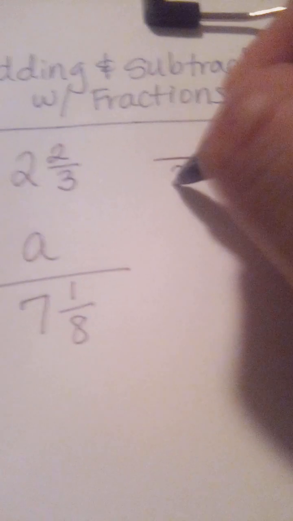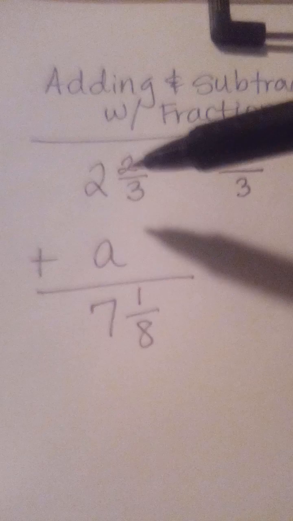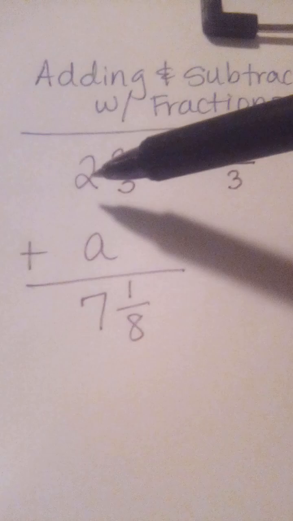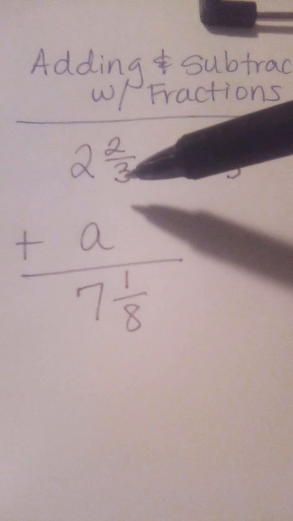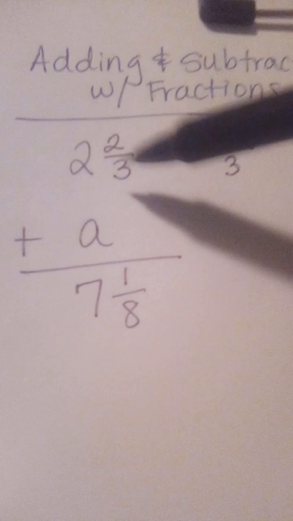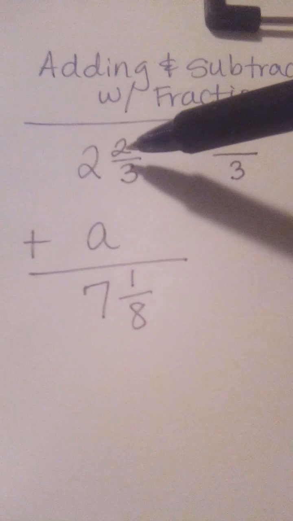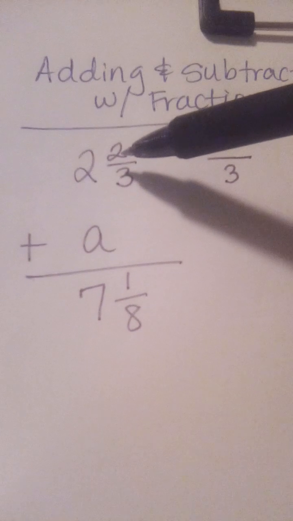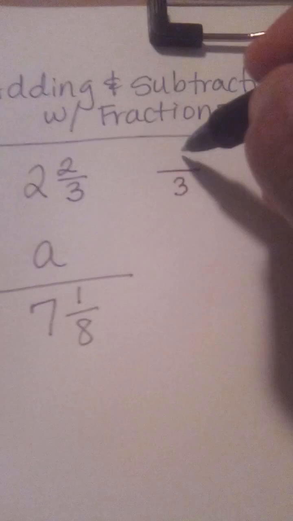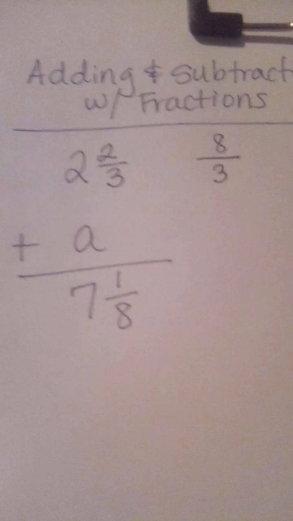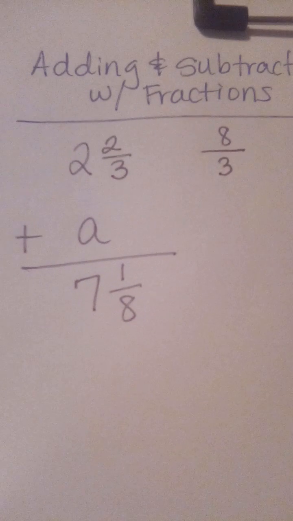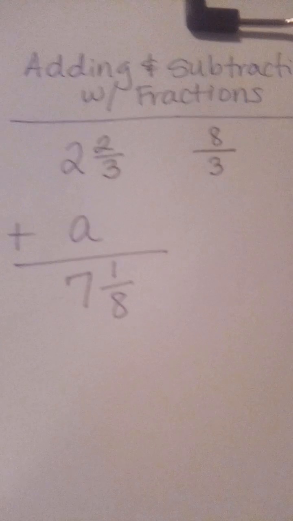So far, you're following, okay? Then you multiply the whole number times the denominator, which is 2 times 3, which gives us 6. And you add what's on the numerator, which is 6 plus 2, that gives us 8. That is our improper fraction. All right, so far so good.